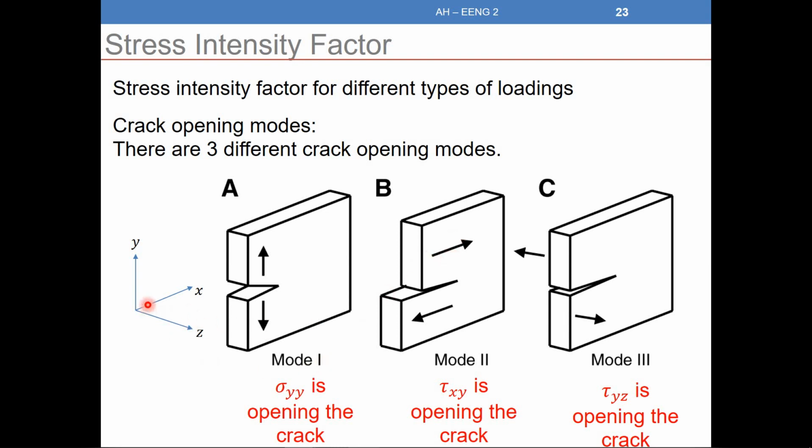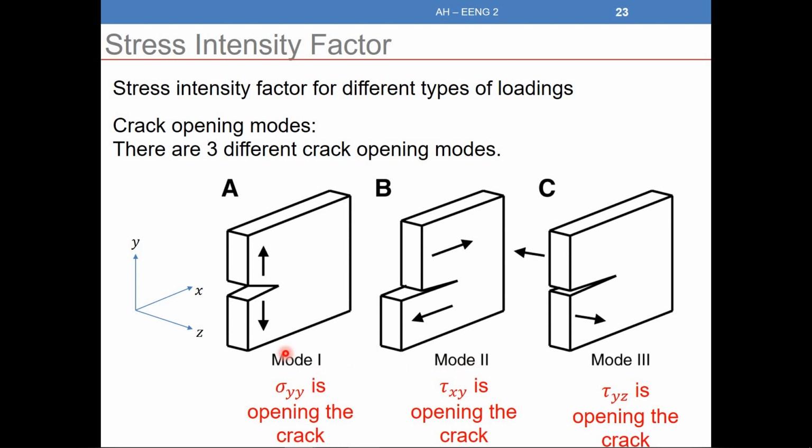If I look, this is the plane parallel to the XY plane, on the face here, on the same plane of the crack. And the third one, if I look at it, will be in which plane? In the YZ plane. So two modes are based on shear stressing, and one is based on a normal stress in the Y direction. So I need to understand that we have different modes of opening.